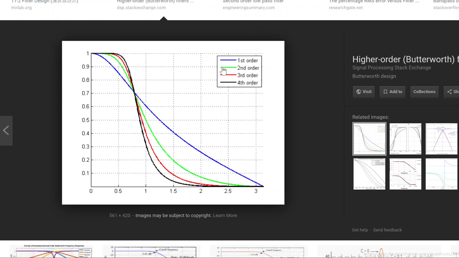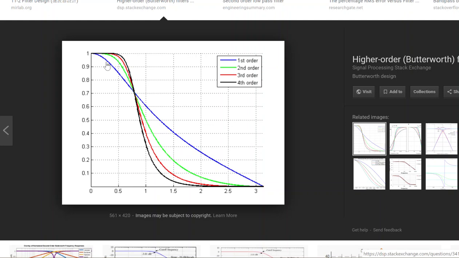But then we can increase the order of the filter, which essentially corresponds to putting more poles in. We'll see that for a low-pass filter, it's going to have a single pole in the denominator. And remember, we said that poles are going to come back and play an important role in filters. And so that's one of the reasons we're going to be looking at the poles.